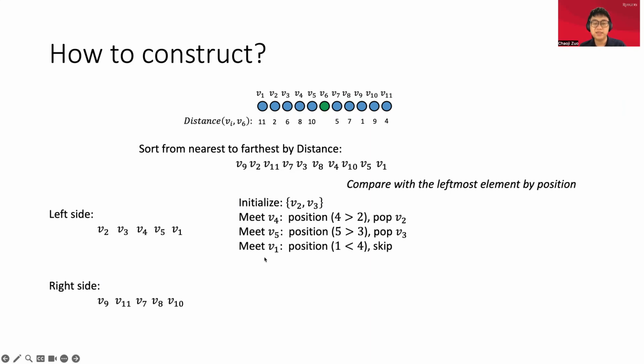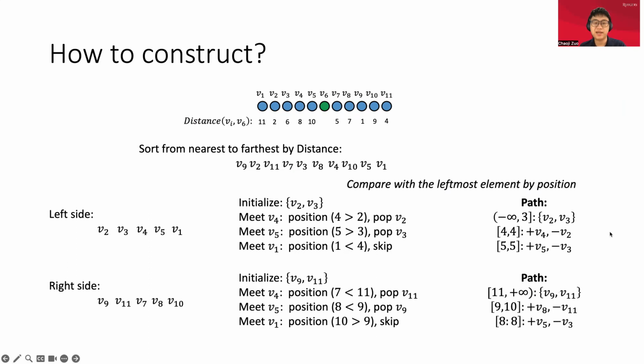Finally, when we meet vertex 1, because its position 1 is smaller than 4, we will just skip this vertex. And here we can get a complete path of the arc graph index. In the same way, we can apply this to the right side vertices.